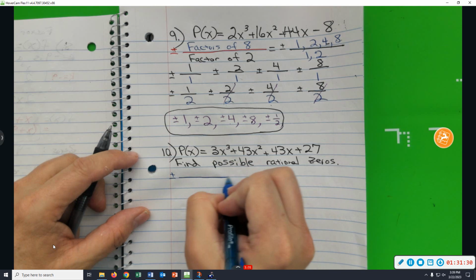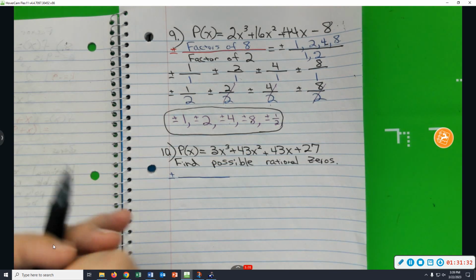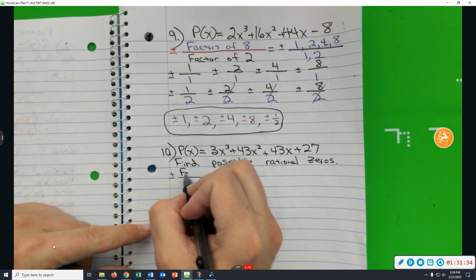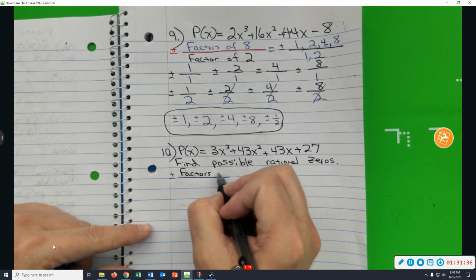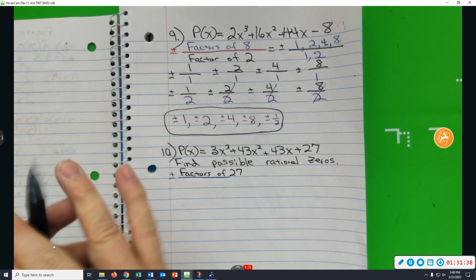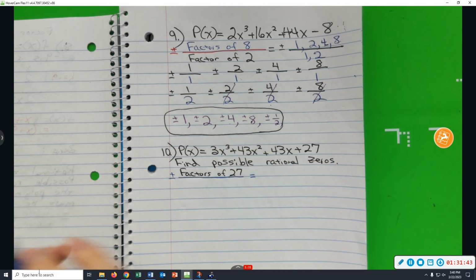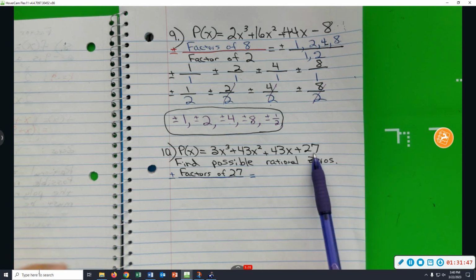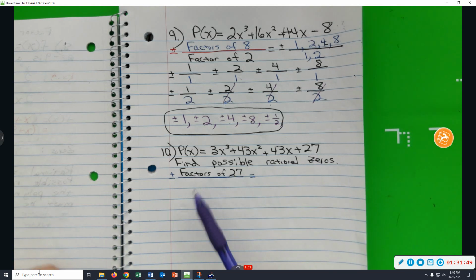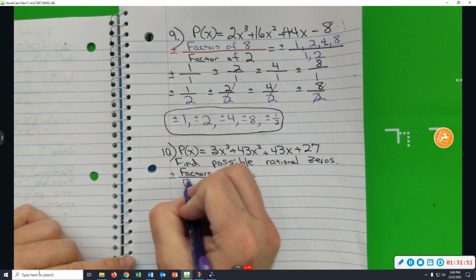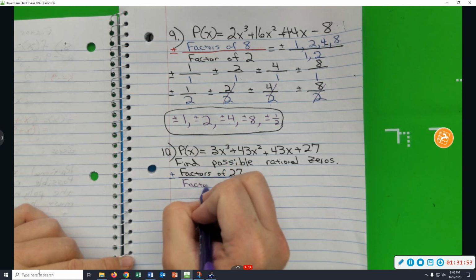We want the factors of 27 and factors of 3. There's certain things that I've just made habits throughout my career, and that's one of them. I always write down the factors of the constant term, and then I write down the factors of the leading coefficient, and this is where you say factors of 3.